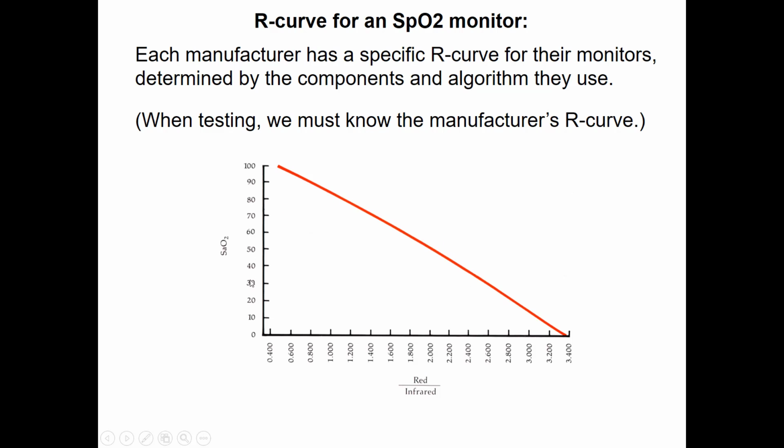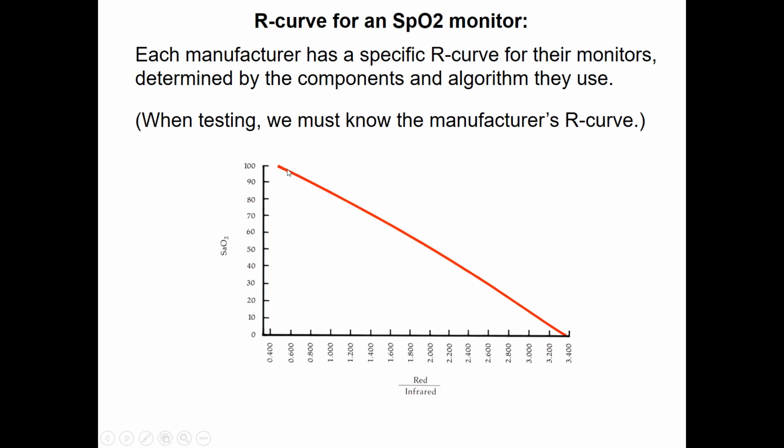However, this curve has a limitation because we cannot reduce the oxygen saturation of the subject below 85%. So what really happens is we reduce the oxygen saturation to a level a little bit higher than 85%.